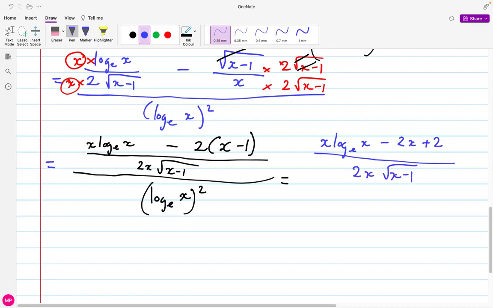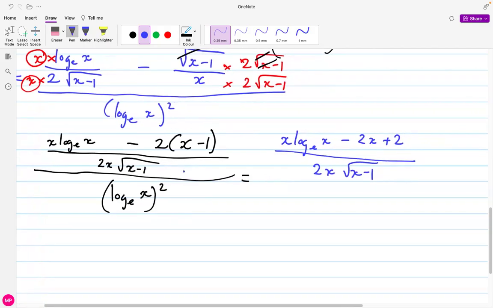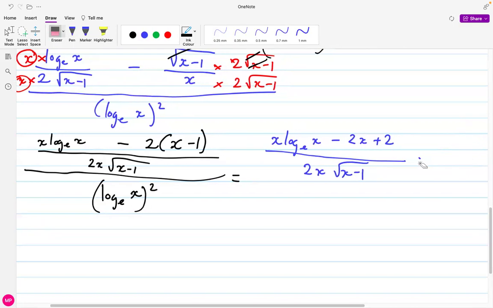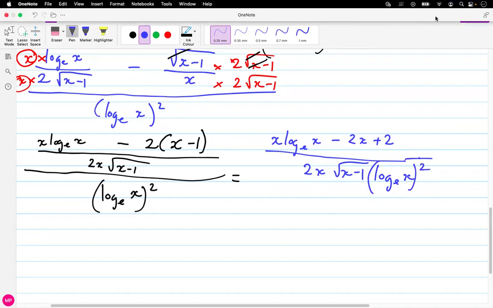And because I divided by log a of x squared, think about it: if I divide by log a of x squared, then that is the same as times by 1 over that. So it's like a reciprocal. So technically you can put the log a of x squared next to the denominator. So log a of x squared like that. And there you go. We convert that into one fraction nicely.